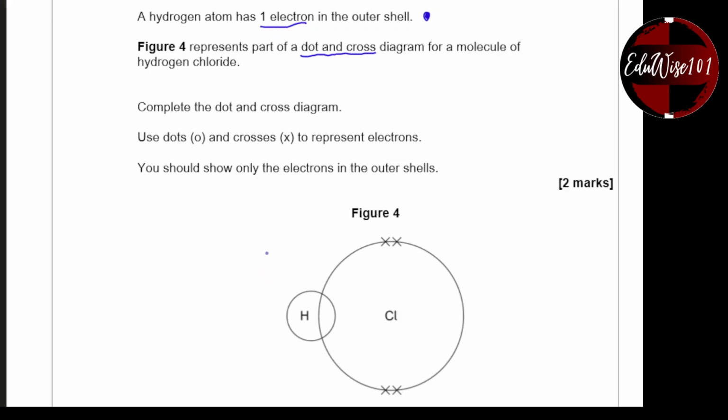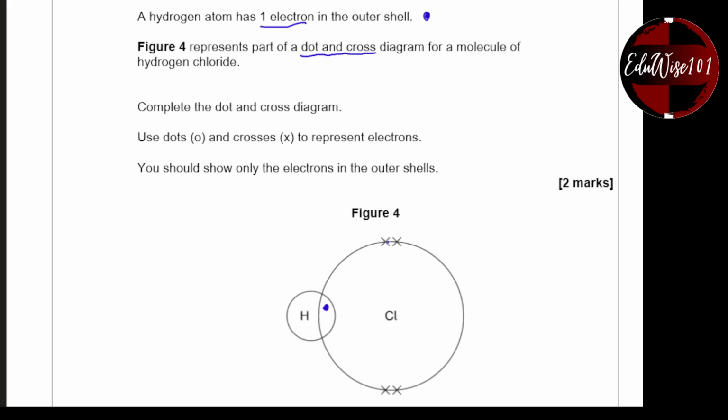So hydrogen has 1 electron in its outer shell, which it actually shares with chlorine. Chlorine, which is in group 7, has 7 electrons. So they've already put down 2 crosses now. So you can't actually use a dot for chlorine. Hydrogen has to be the dot.